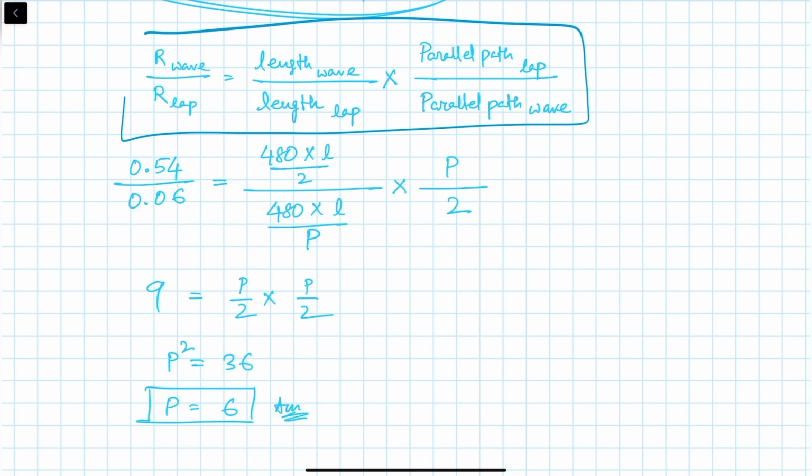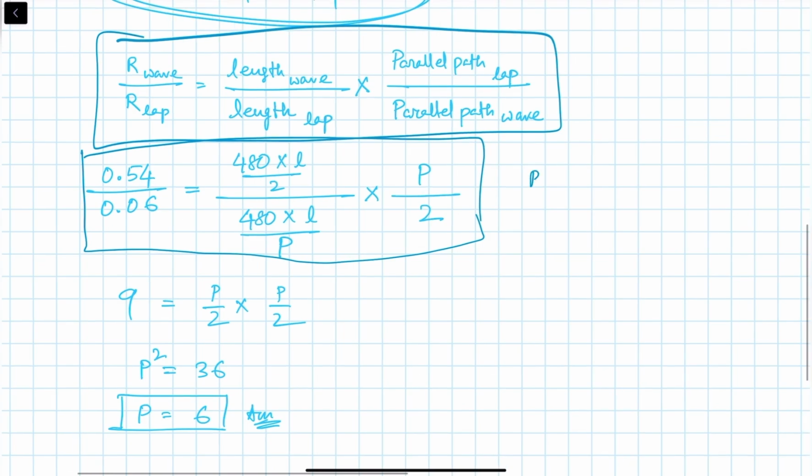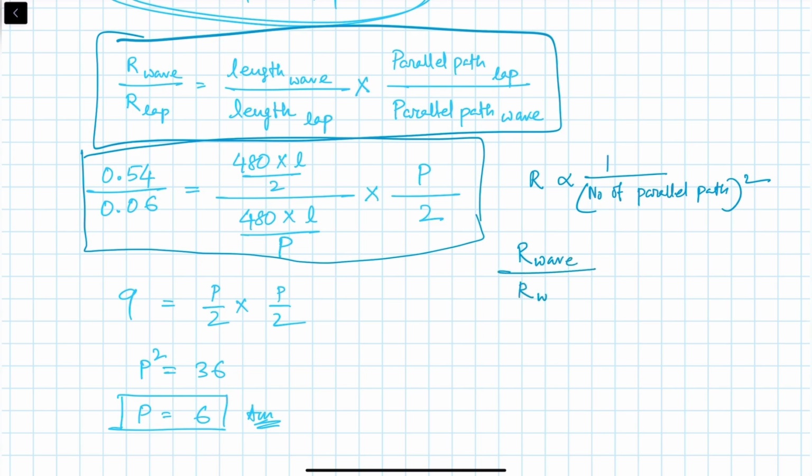If you solve this, you will actually get that resistance is inversely proportional to the number of parallel paths square. So we get R wave divided by R lap.